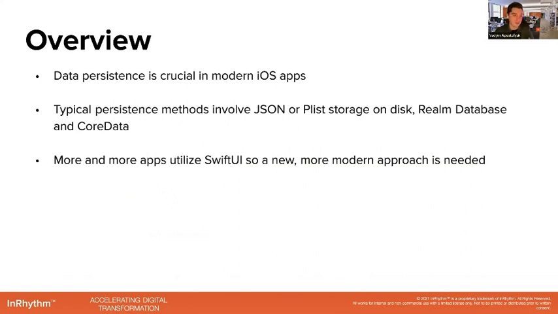You can have simple stuff like if it's a straightforward to-do list app that you're, I don't know, creating for a tutorial or maybe launching with a cool design on the App Store. You can have a very simple persistence layer to the point where you can just store JSON objects locally on disk, or even a plist file, which was kind of the way to store data in the early days of iOS and the early days of iPhone, of course.